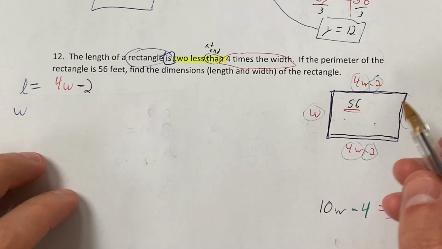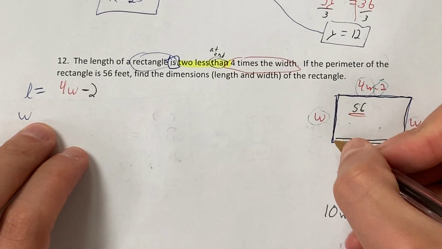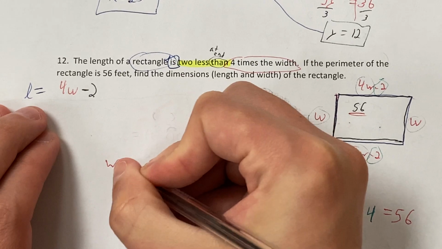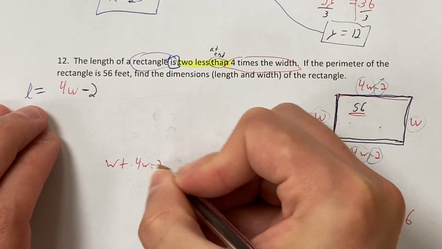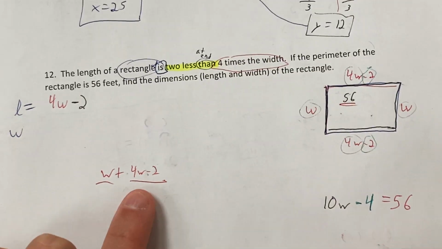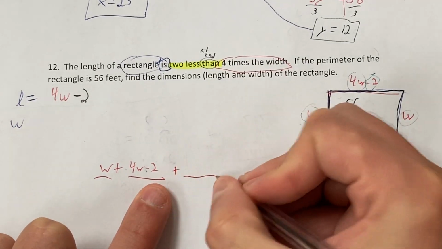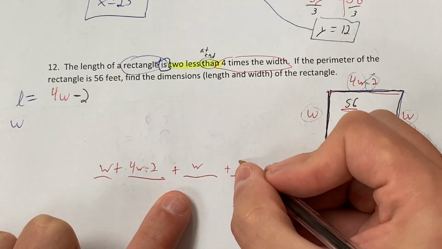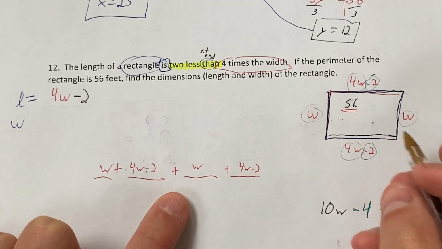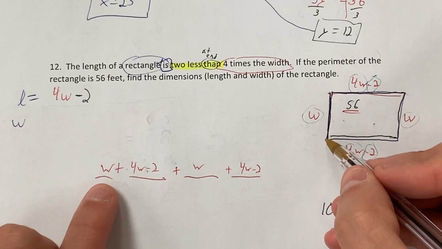Now, if you want to just write it out more, you can. Right? W plus 4W minus 2. Those are the 2 sides, plus the other 2 sides, which are W and 4W minus 2. You can do that, right? If you like writing it out.